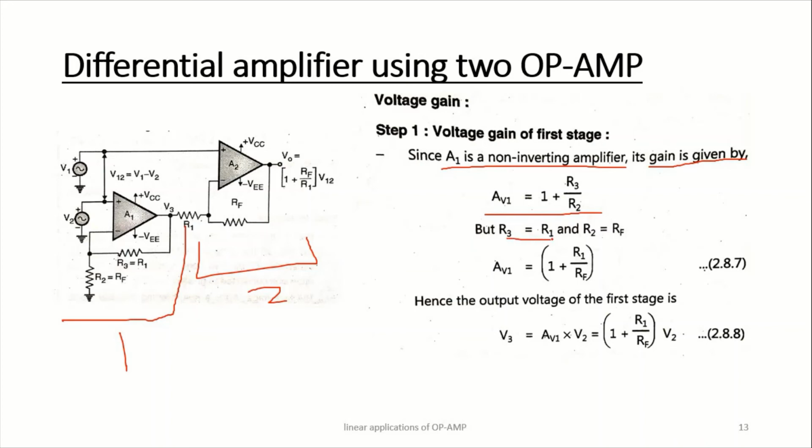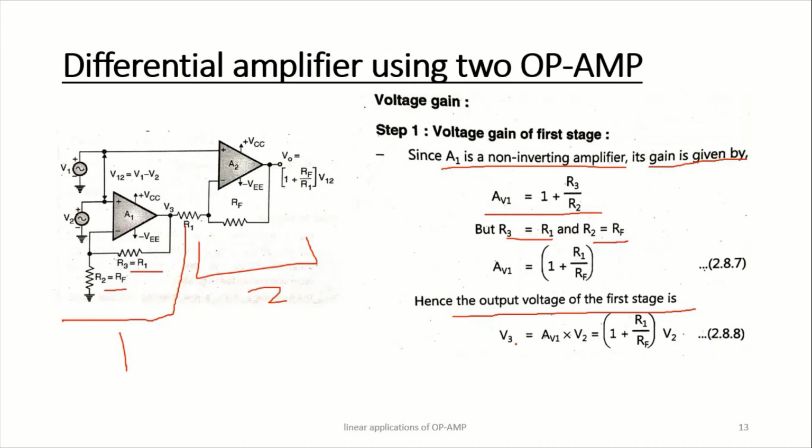But R3 is equal to R1 and R2 is equal to RF from the figure. Therefore, AV1 becomes 1 plus R1 by RF. Hence, the output voltage of the first stage is V3.